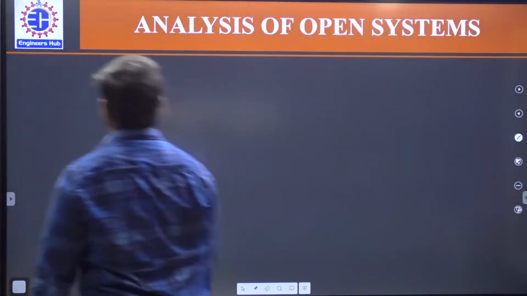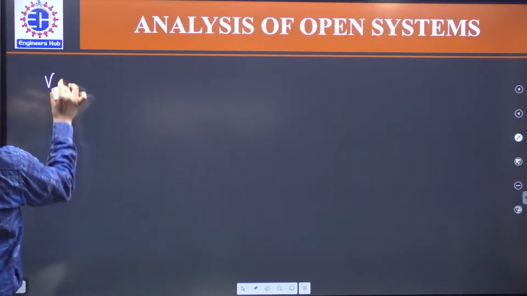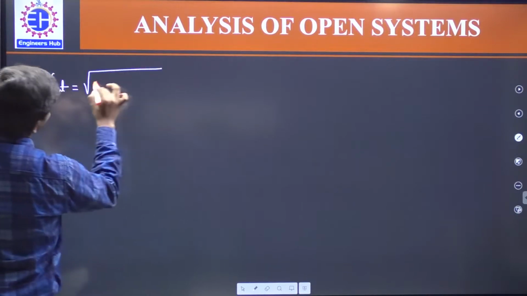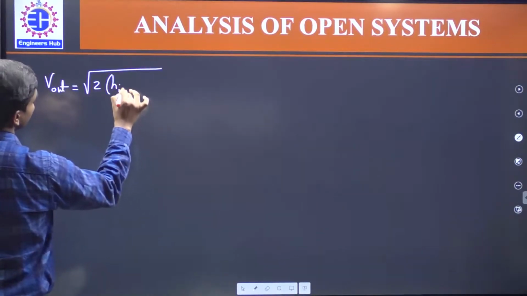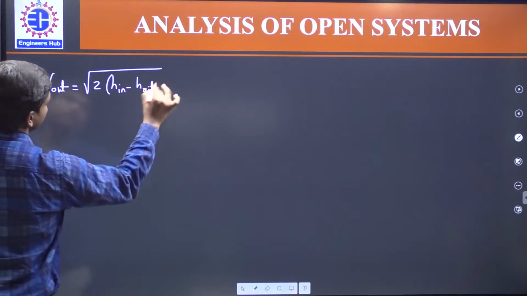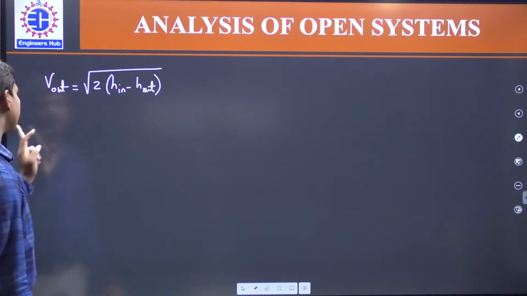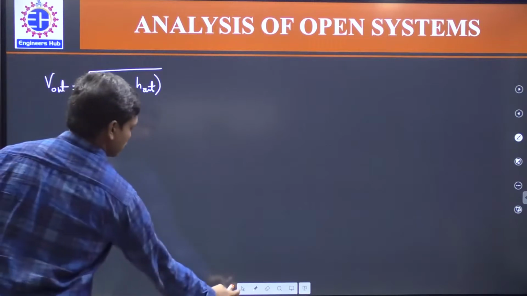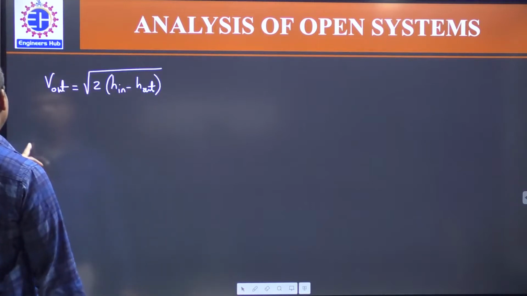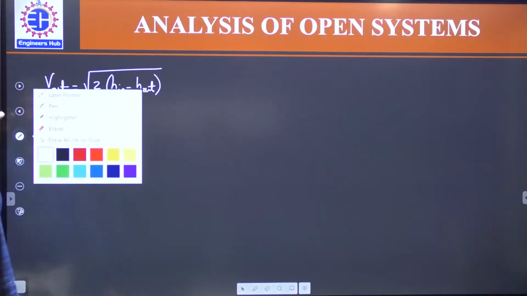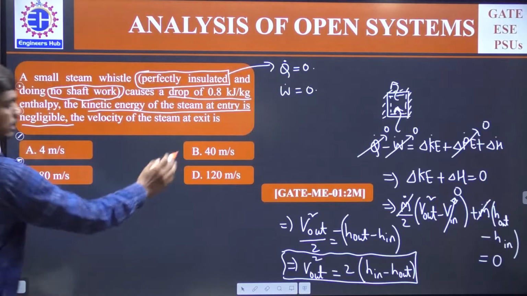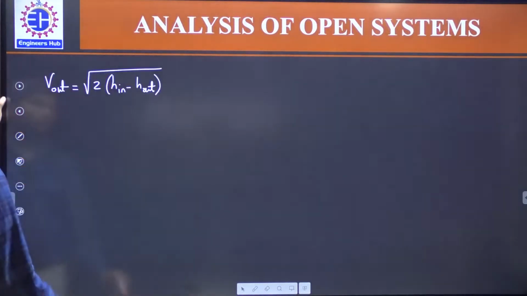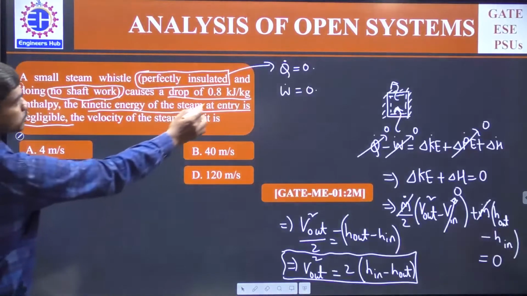So if you work this out, V out is equal to square root of 2 into H in minus H out. But this velocity V is given in meters per second, correct? But here H is given in kilojoules per kg.